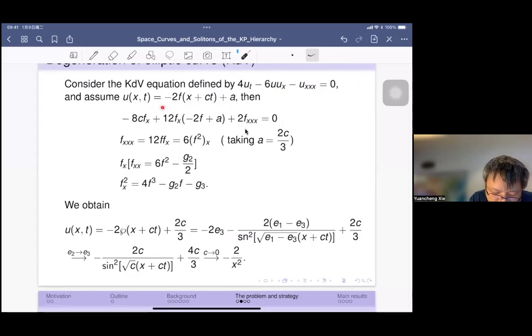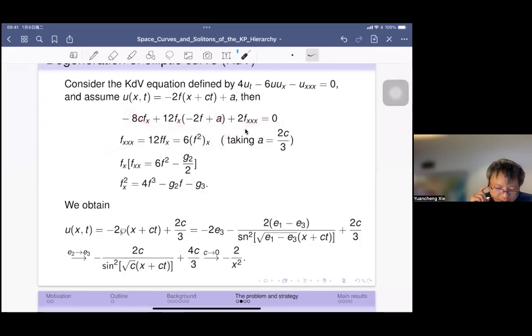And then we just plug this into the differential equation. We'll get the first line. Okay. And here, if we choose A and C properly, for example, we choose A equals 2/3 of C, then this will simplify a little bit. That means this term and that term will cancel. And we will get this one. There are only two terms left. Okay.